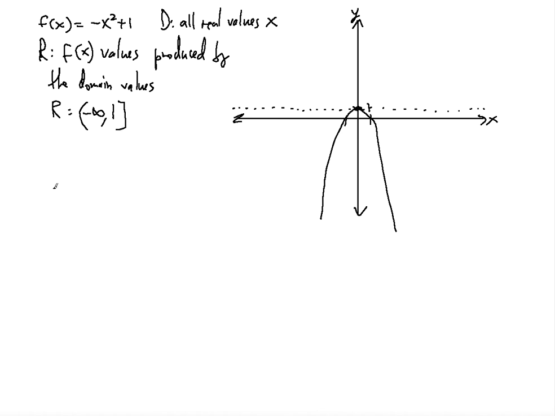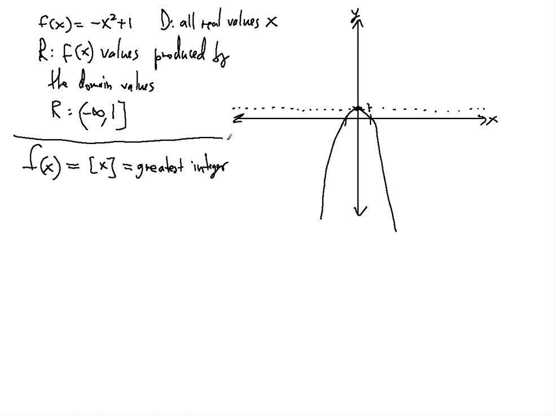Let's provide another example. f(x) is equal to the bracket x. And the bracket x means greatest integer.